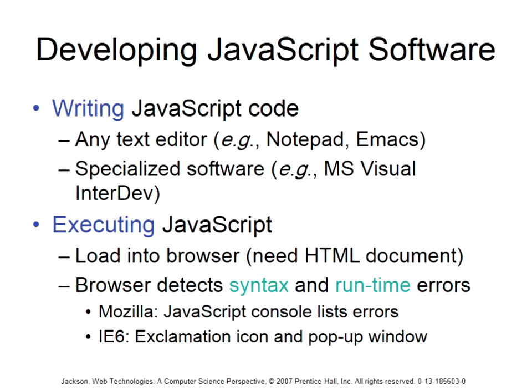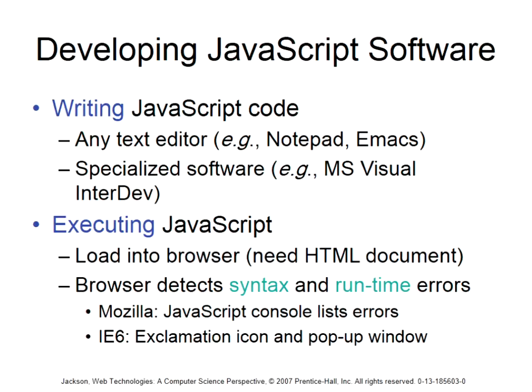Good. So how can we develop a JavaScript software? To write JavaScript code, we can use any text editor, for example, Notepad or Emacs. Also, we can use specialized software, for example, Microsoft Visual or EnterDev. Also, we can use Dreamweaver, etc. To execute JavaScript, we just load it into the browser, and to load it, we need an HTML document.